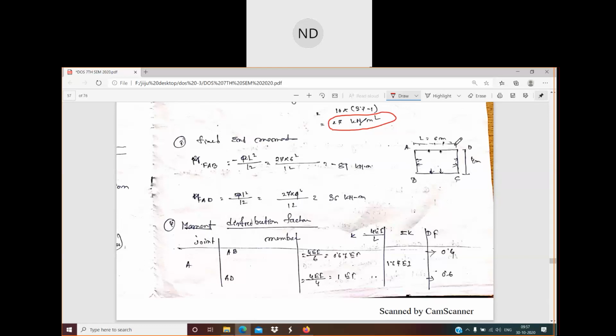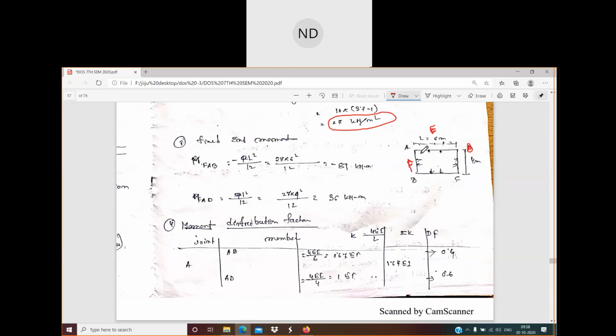This is A, B, C, D, and this side we consider F and this E. Here the pressures act constantly on the walls. So what will the fixed moments be on these walls?